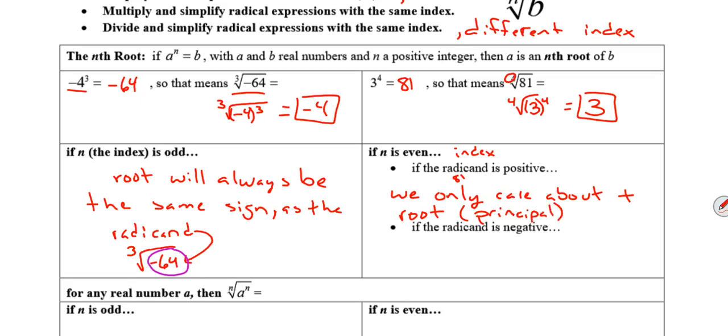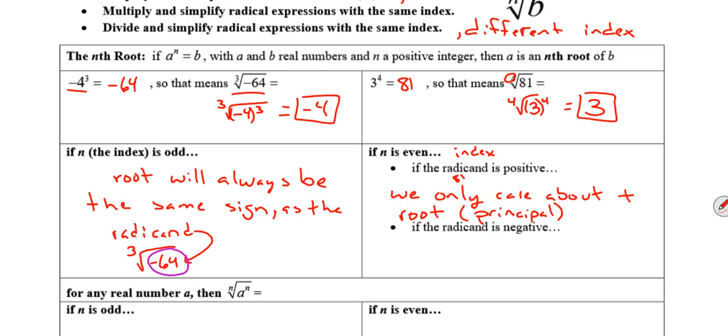When we had equations, we talked about positive, negative, the plus or minus, and we always wanted both of them when solving an equation. But this is not an equation. There's no variable equal to something. So we don't care about the negative. When we're simplifying, we only care about the positive root.